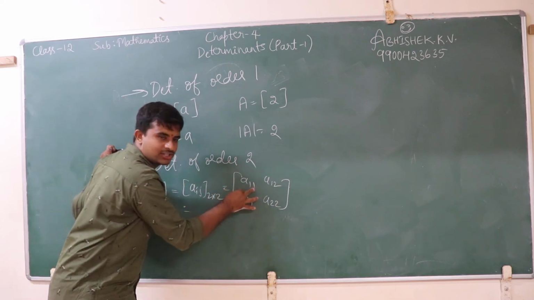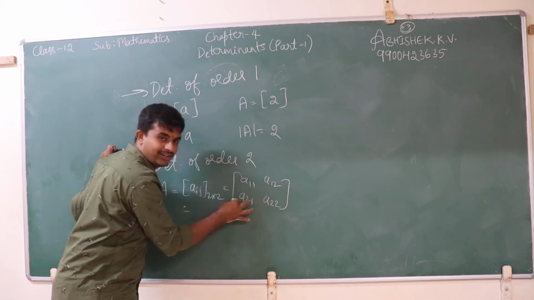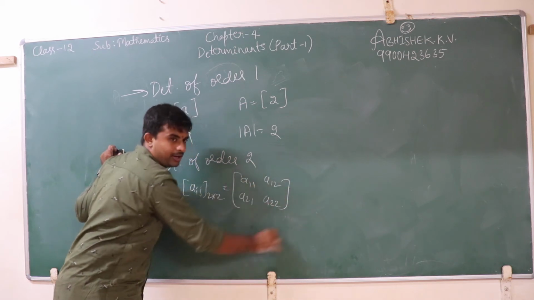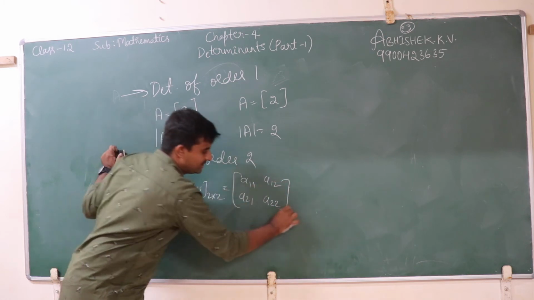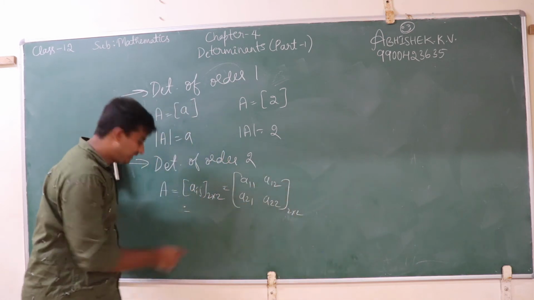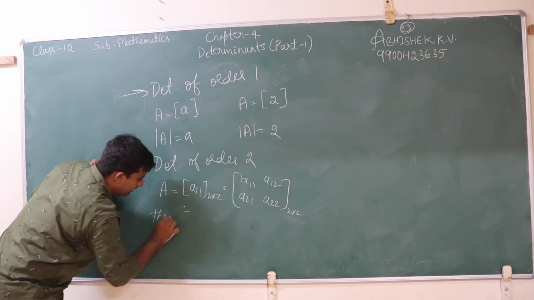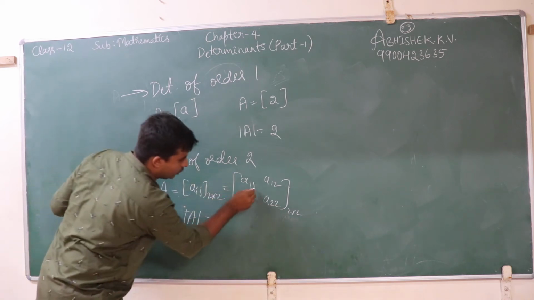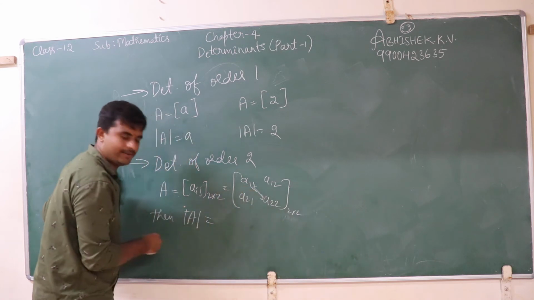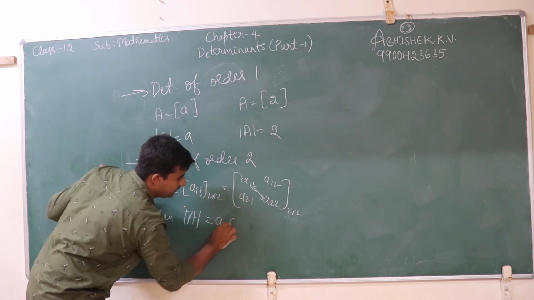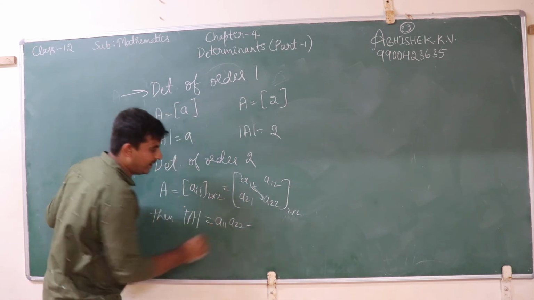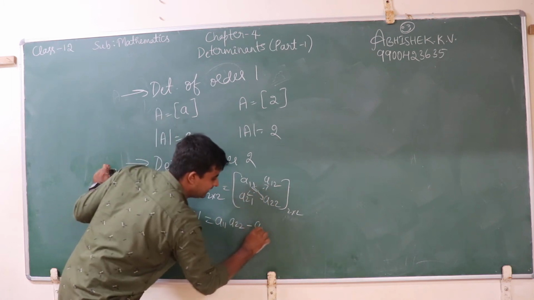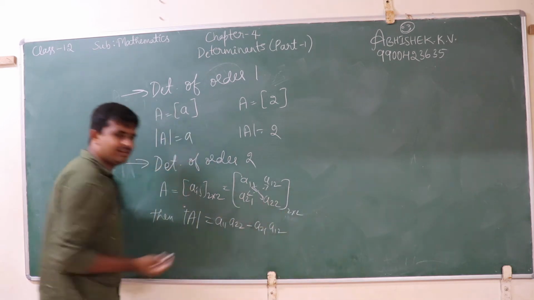First row first column, first row second column, second row first column, second row second column. This has the order 2 by 2. Then determinant of A is given by the product of diagonal elements, that is A11 A22, minus the product of anti-diagonal elements, that is A21 A12.